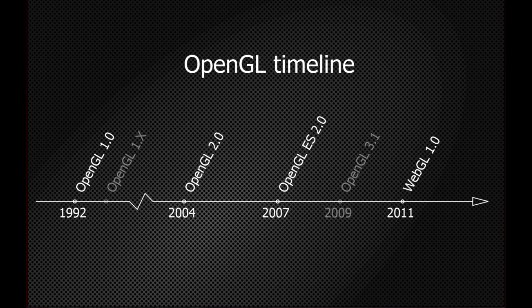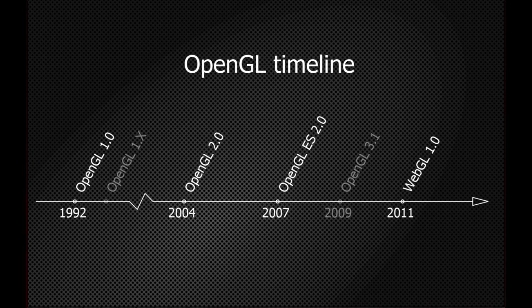After 1.0 followed several 1.x versions of OpenGL, and they added things like multi-texturing, cube maps, and vertex buffers. By 2004, OpenGL 2.0 was released, and it added a programmable pipeline, allowing you to rewrite the shading model using the C-like language called GLSL. In 2007, OpenGL ES 2.0 was released.